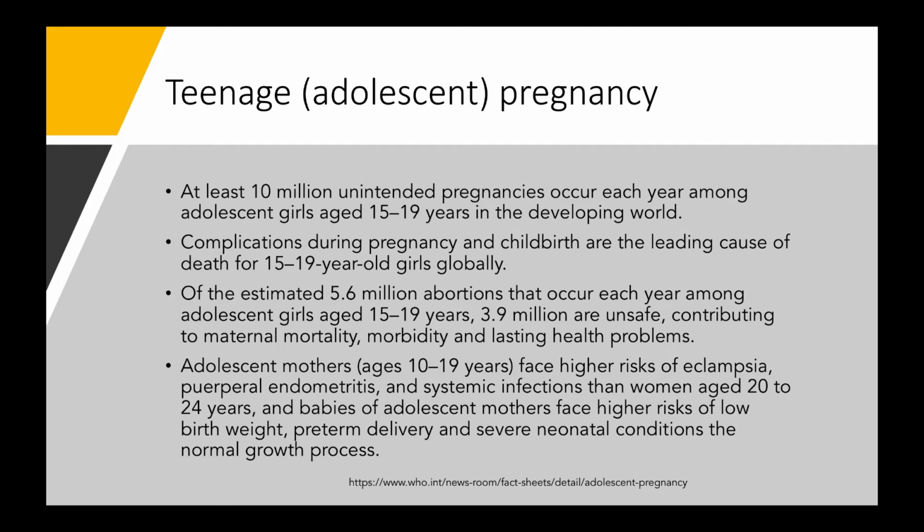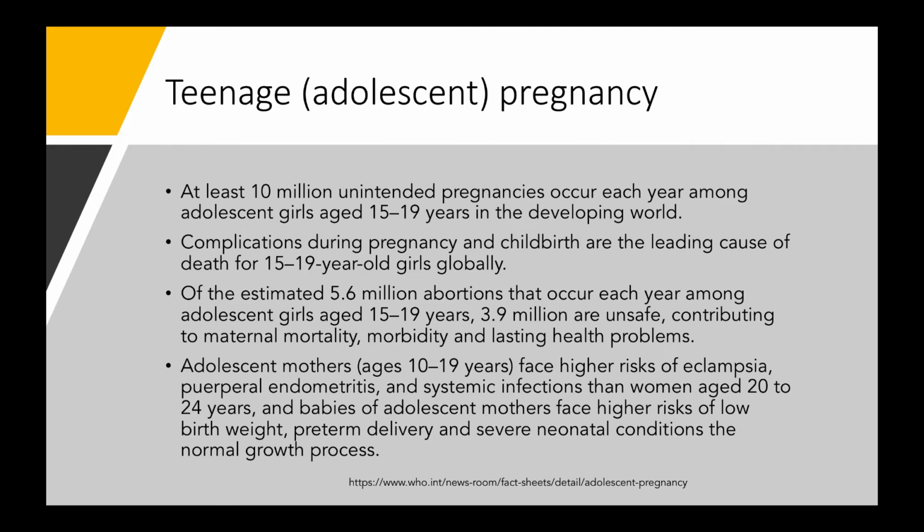19 years old. Complications during pregnancy and childbirth are the leading cause of death for adolescents 15 to 19 years old. Of the estimated 5.6 million abortions that occur each year among adolescent girls aged 15 to 19 years old, 3.9 million are unsafe, contributing to maternal mortality, morbidity, and lasting health problems.